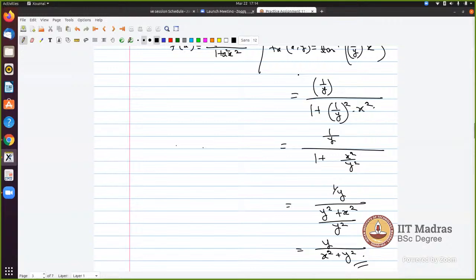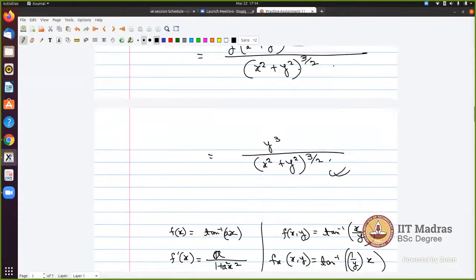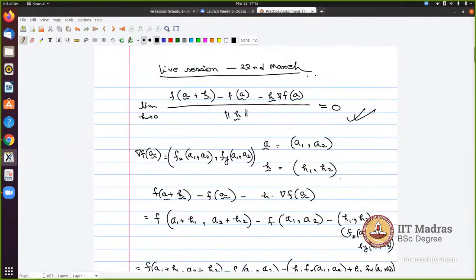Yes, but just by the definition of differentiability, we are not considering that the gradient is continuous. If a function is differentiable, I mean, if this limit is 0, then we can say the partial derivatives are continuous.